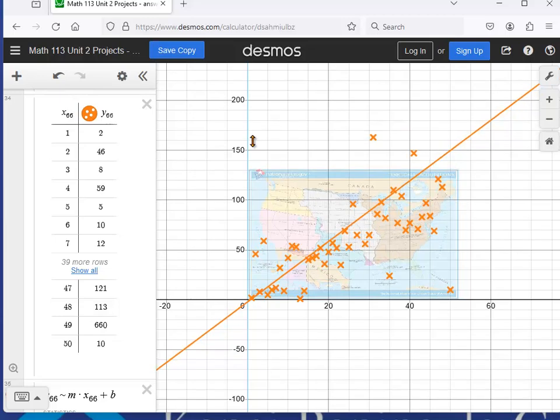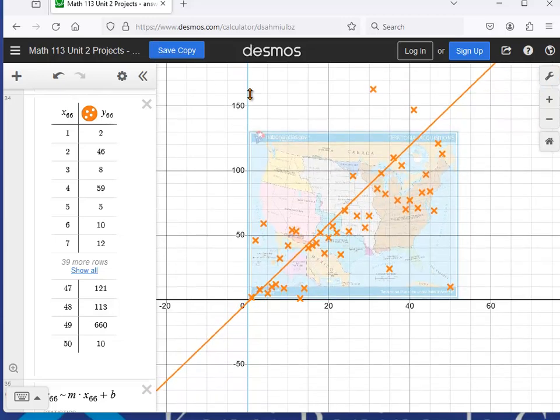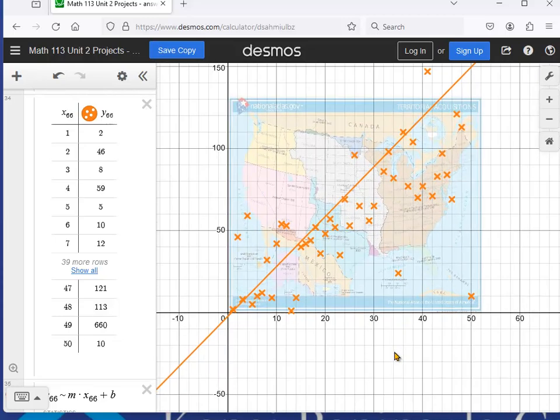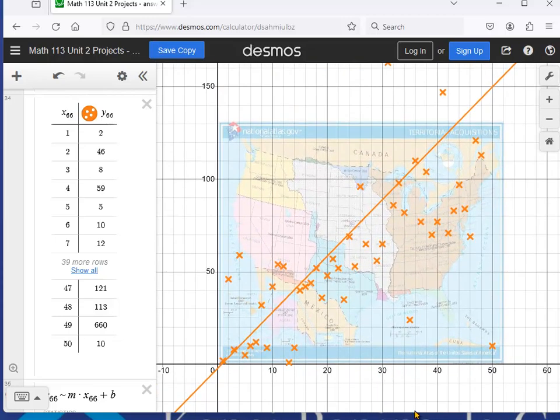The way I do this, by the way, is I hold the shift key down and then use my mouse. So here's a map of the United States. There is this line here, and of course this line is heavily influenced by the large states. Like this here would be Texas. What is this? The 41st state.